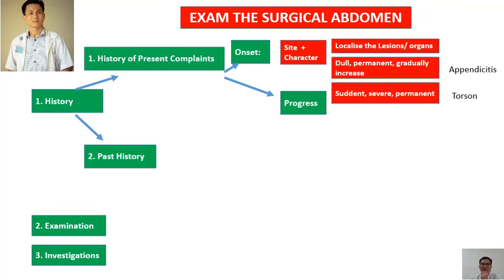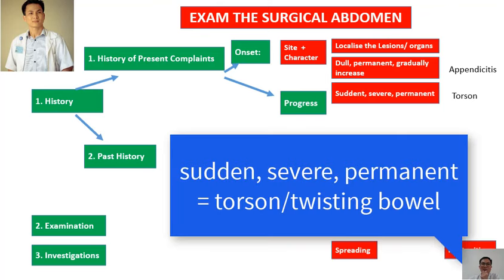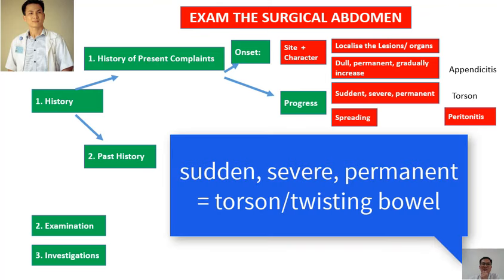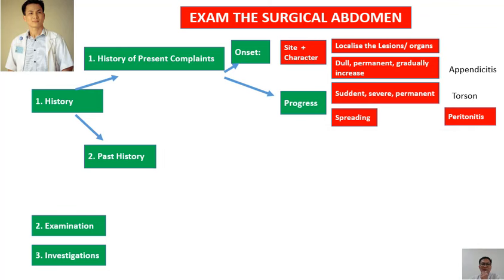Otherwise, obstruction of the bowel will show us intermittent pain, or when the pain is severe and continuous, suggesting twisting or strangulation of the bowel.